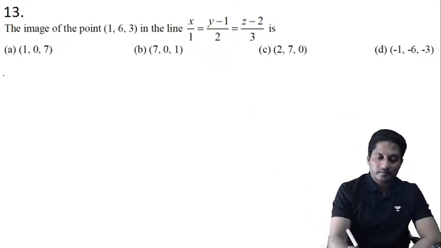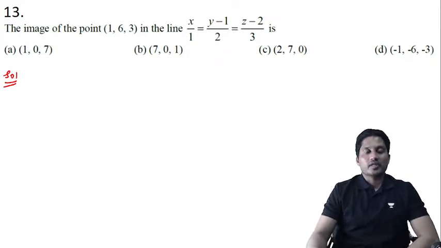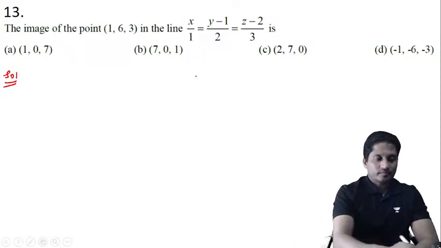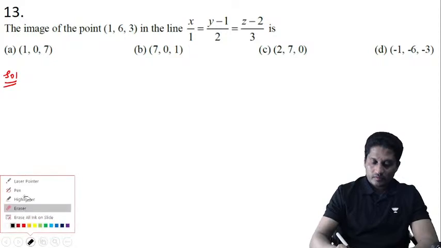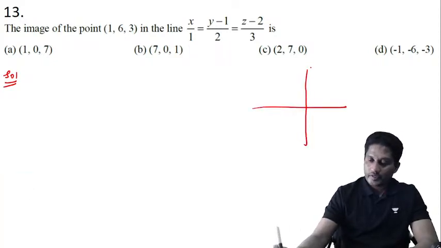Question number 13. The image of the point 1, 6, 3 in the line. Right, now as usual you find the foot of the perpendicular. So this is the point.